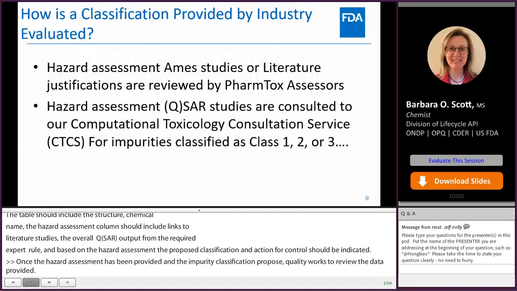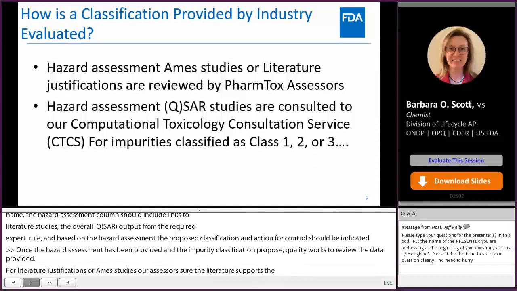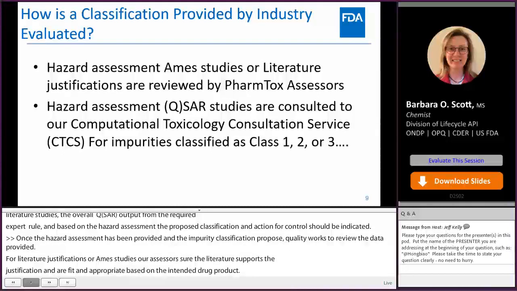All QSAR predictions and any expert review provided by a DMF holder or applicant is consulted to our computational toxicology consultation service to verify or override submitted predictions, as well as to provide feedback, if applicable, on the acceptability of the models that might have been used.